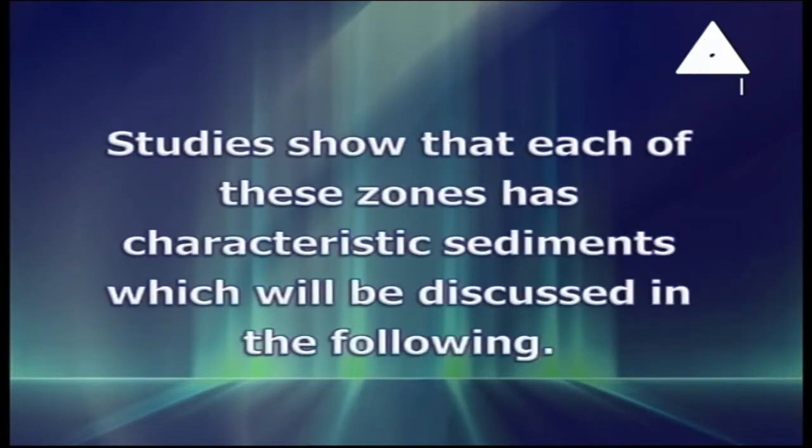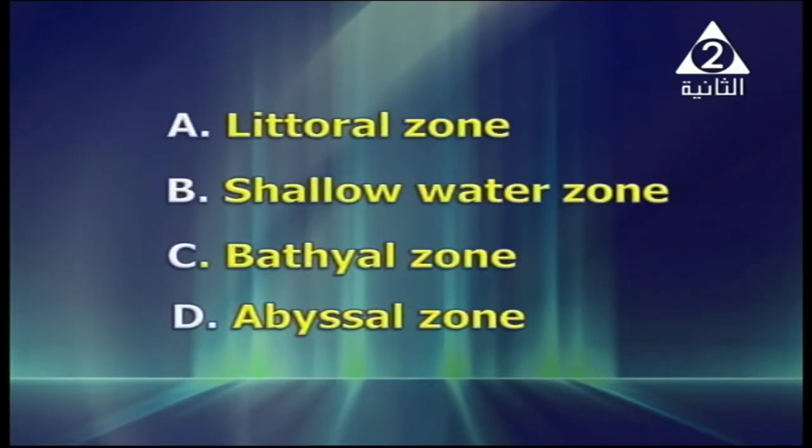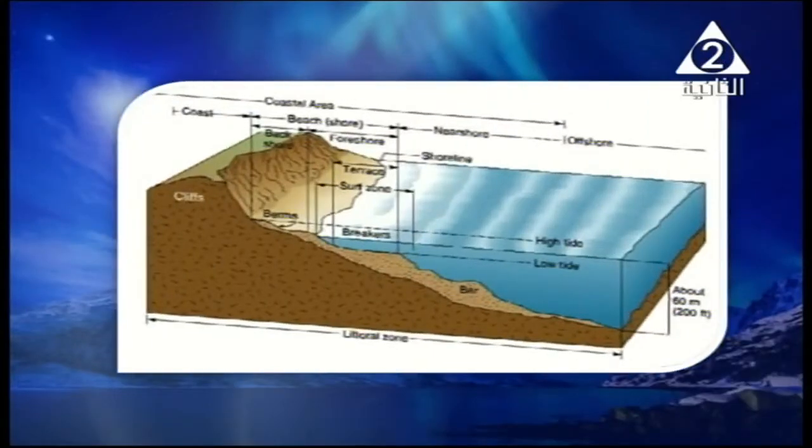Studies show that each of these zones has characteristic sediments, which will be discussed as follows. We have four regions along the oceanic profile. From the continent to the deepest part of the ocean, we have the littoral zone, shallow water zone, bathyal zone, and abyssal zone. As you see, my dear students, this is the connection between the continent and the oceanic water.